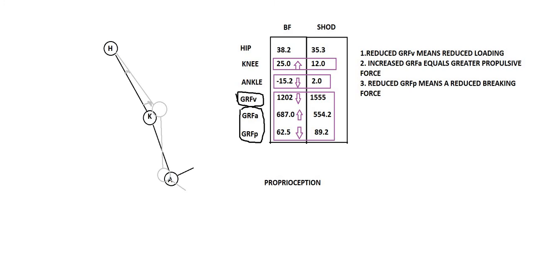Now, as we've said before, when we run with shoes on, very often we will heel strike, because consciously or unconsciously, usually unconsciously, the body acknowledges that there is this big squidgy heel on the base of the shoe.